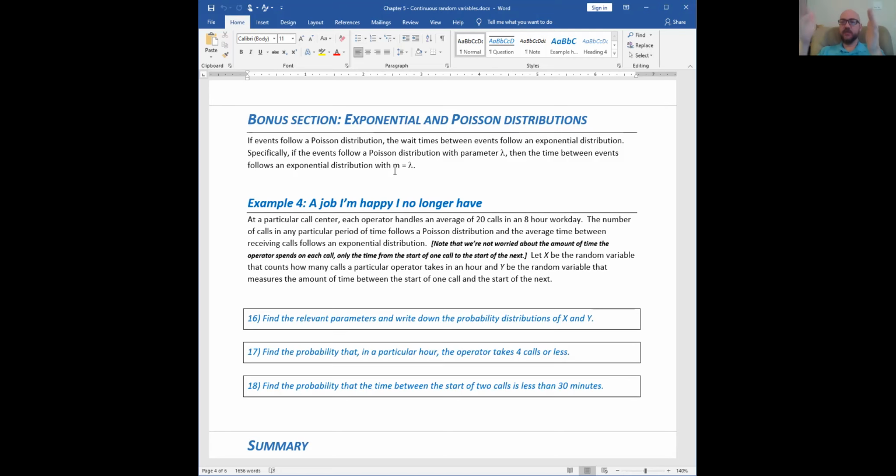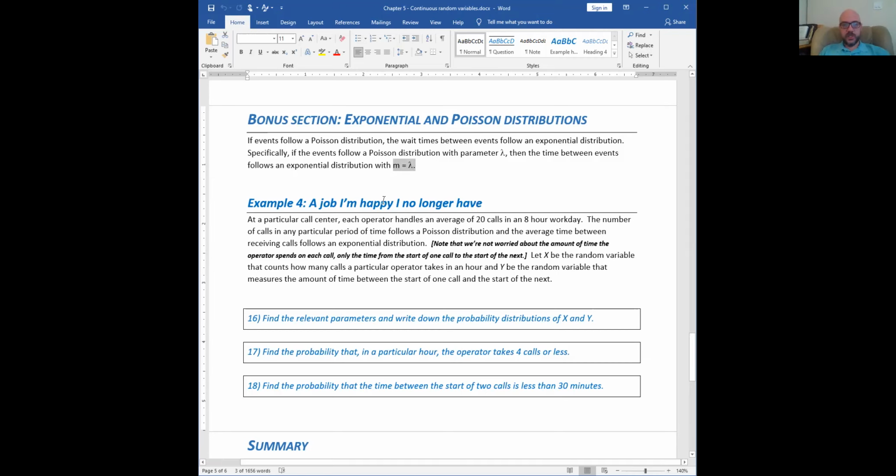The events themselves are discrete, but they're dividing up time into chunks, and those chunks are continuous, because they're measuring time. The distribution those chunks of time follow is an exponential distribution with m equals lambda. So the average size, mu, is 1 over m. So the average amount of time between events is 1 over the frequency of the events, which is lambda.